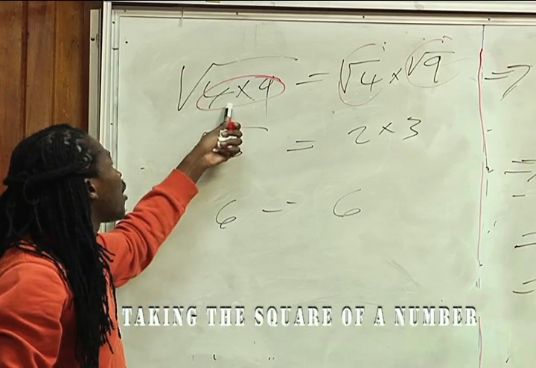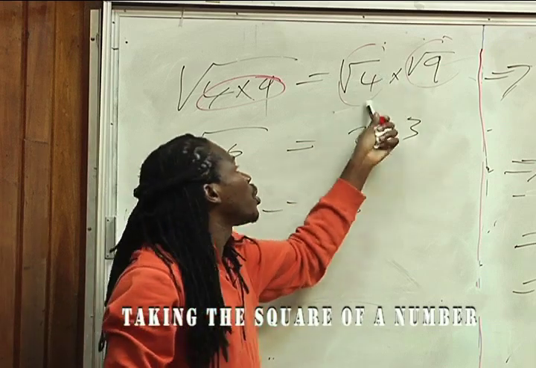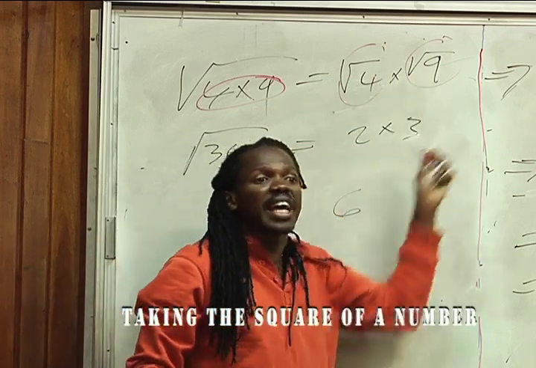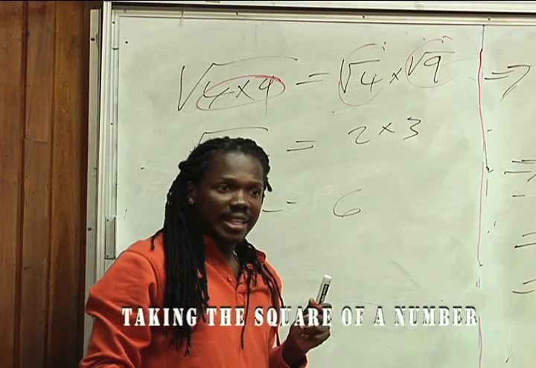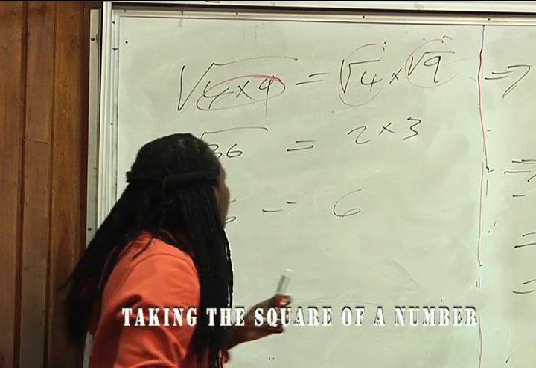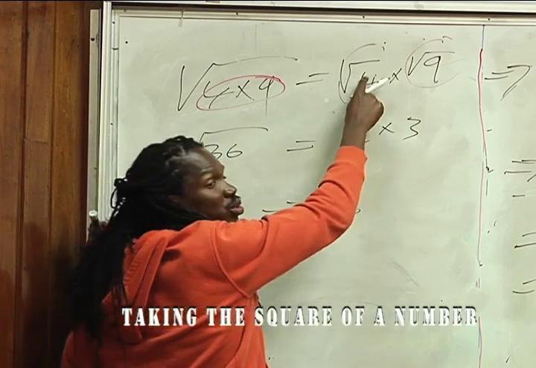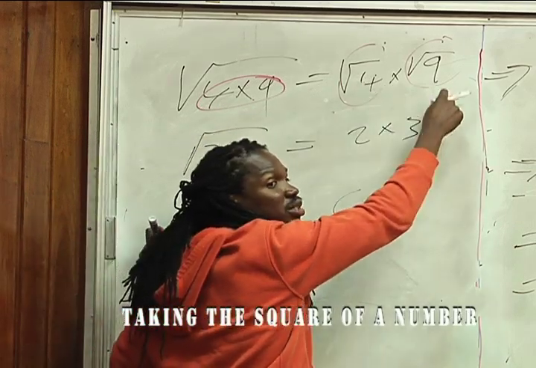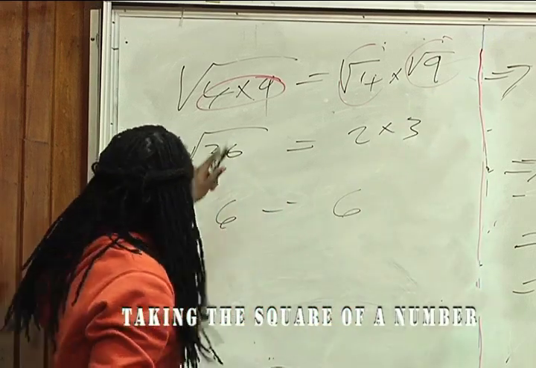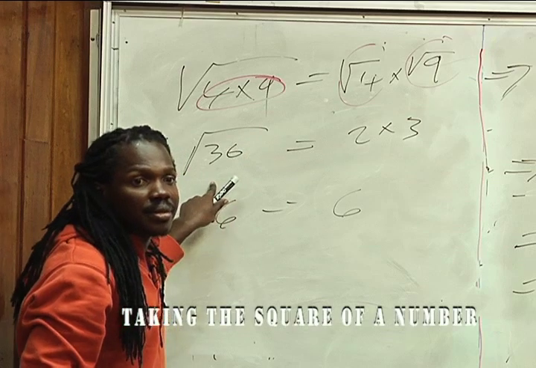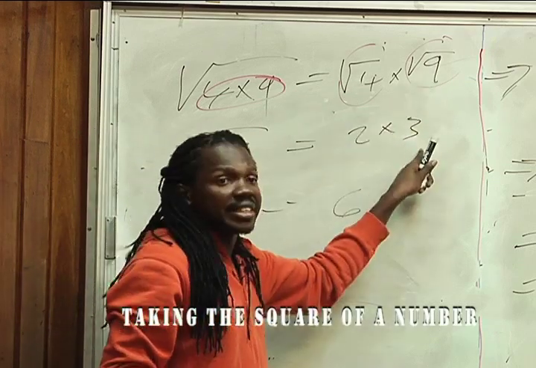So the square root of 4 times 9 is equal to the square root of 4 times the square root of 9. You don't see that? Let's look now: 4 times 9, the square root of 4, the square root of 9.